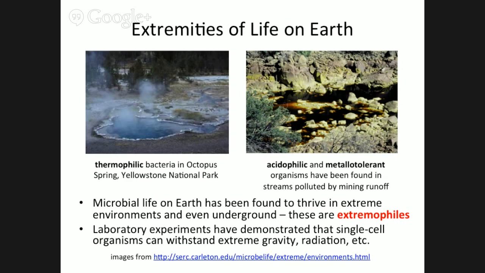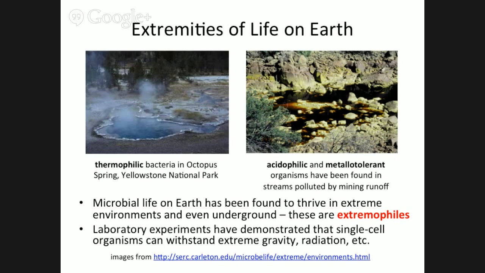Strip mines are terrible, but if you're a particular type of acidophile, they're wonderful because nothing else can grow in them except you. And so we have these, again, extreme and polluted environments where we find that there are things that are thriving in those regions. There are things that survive in very high metal concentrations. There are things that survive in radioactive areas, right?